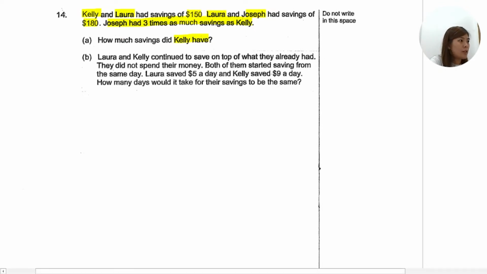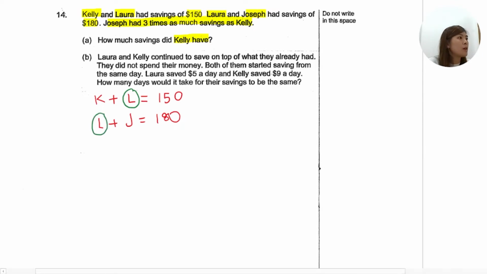Okay, let us write down. So Kelly, so K plus Laura had savings of $150. Laura and Joseph had savings of $180. Okay, so the identical identity here would be Laura.